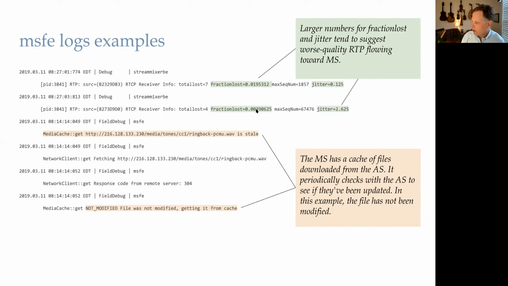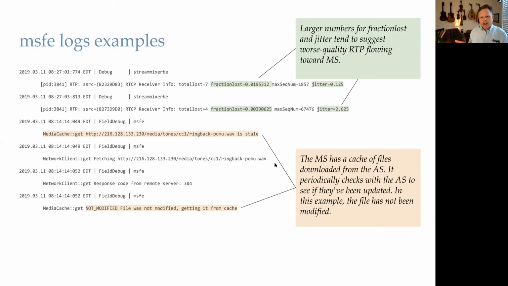This one was 0.39% packet loss, so substantially smaller. The larger numbers for fraction loss and jitter suggest a worse quality RTP flow. So if there are audio quality problems, the network performance needs to be improved.